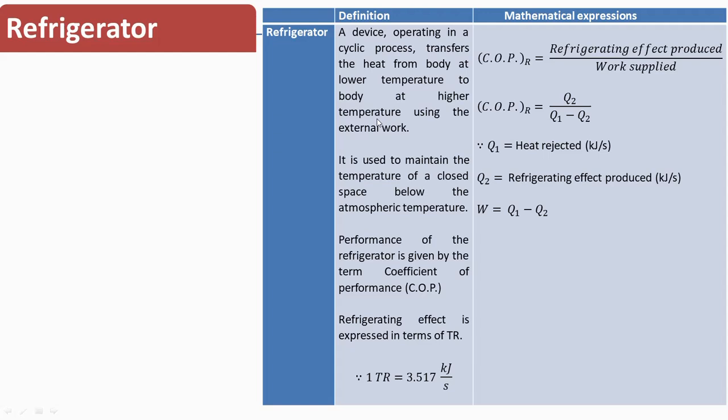The value of 1 ton of refrigeration is 3.517 kilojoule per second. That is, in 1 second, the heat absorbed by the substance is 3.517 kilojoule. For example, if you consider our domestic refrigerator and it is a 1 TR machine, then in 1 second it absorbs heat from your food, your milk, etc., equal to 3.517 kilojoule.